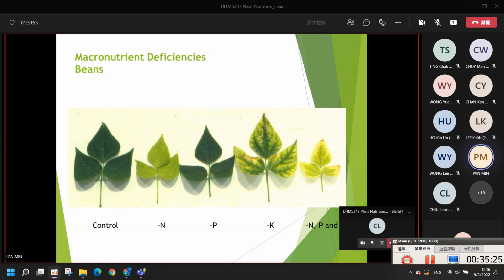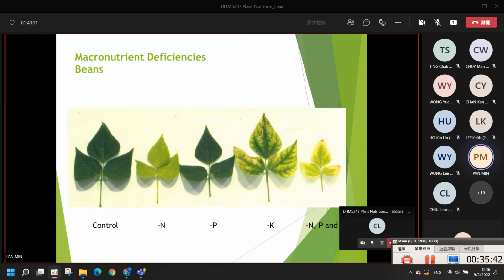Also, the deficiency symptoms show on the bean leaf, and are similar to the leaf on the lettuce.